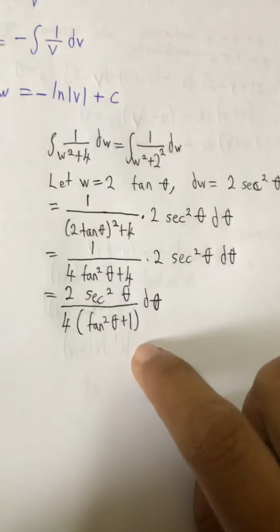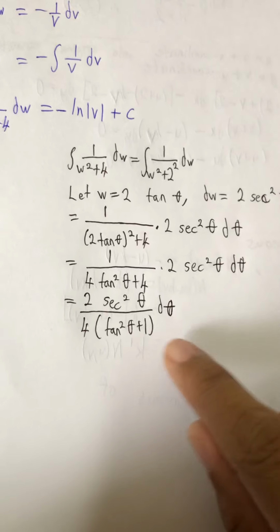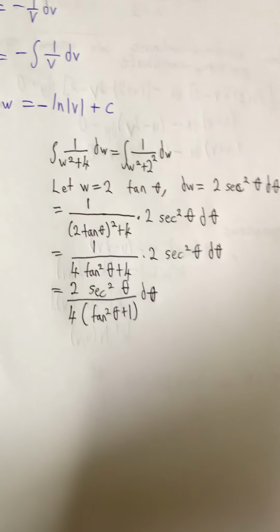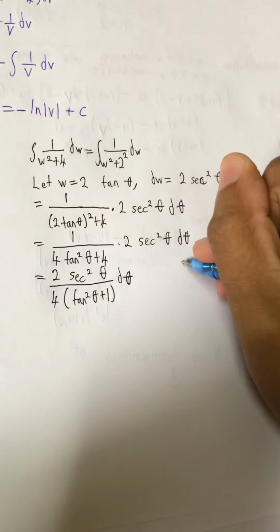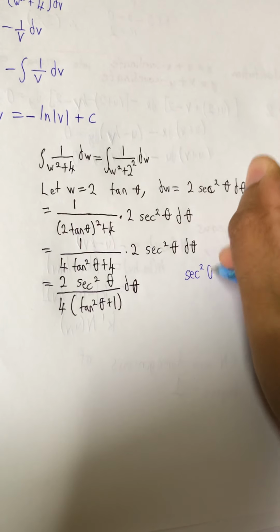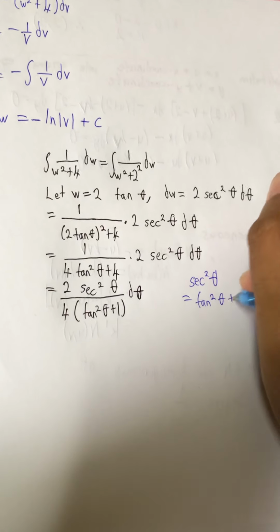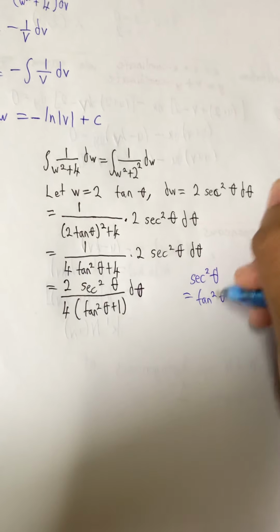So here we will use the properties of trigonometry, where secant square theta is equal to tangent square theta plus 1. So we substitute these properties into this.